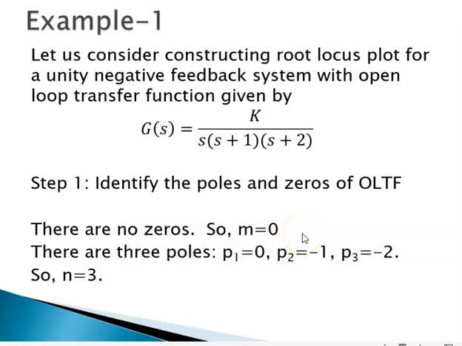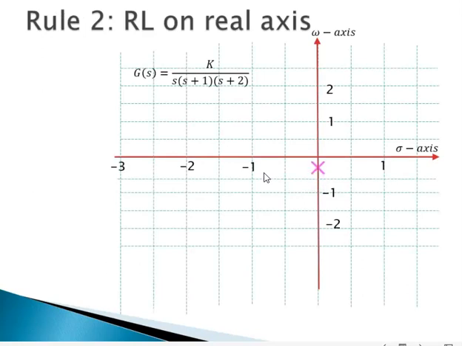M is equal to 0, and if you equate the denominator to 0, you'll find 3 poles: S is equal to 0, -1 and -2. So this we call P1, P2 and P3. So N is equal to 3, M is equal to 0. So N minus M, 3 minus 0, there are 3 asymptotes. We'll note this and go to rule 2.